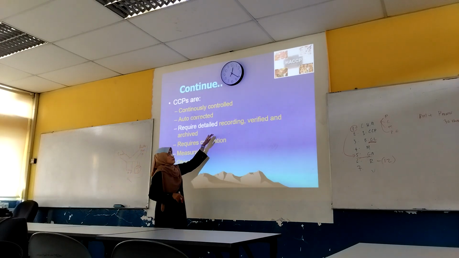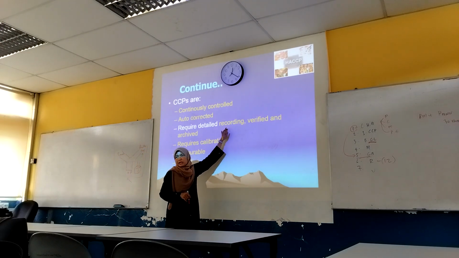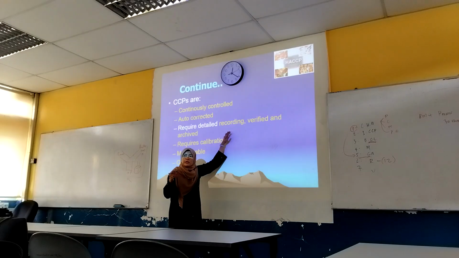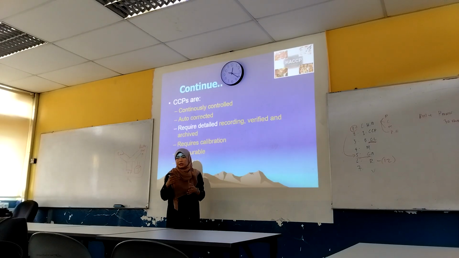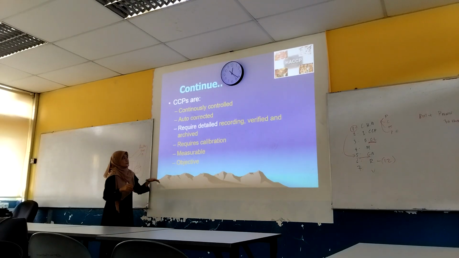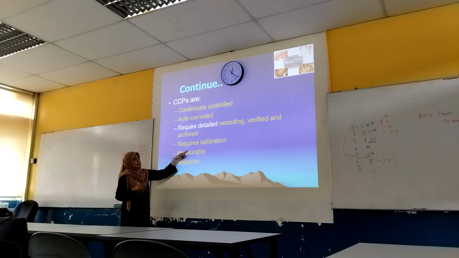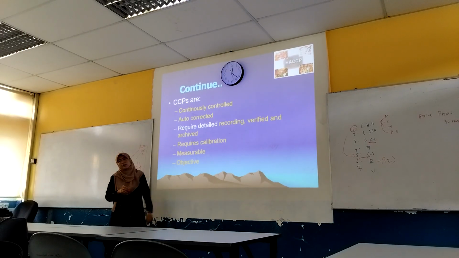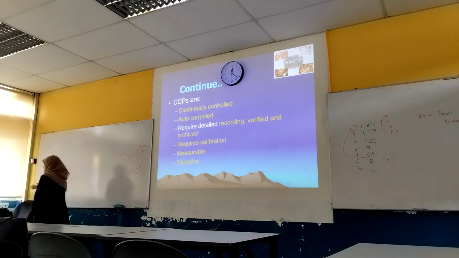It is important recording, because one is for record keeping, and the other is for monitoring the process. If there is any product recall, you can look back at the documentation and trace who is responsible for the problem. Requires calibration, measurables and objective, so it must be doable.